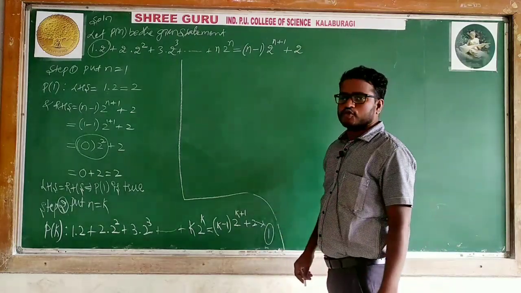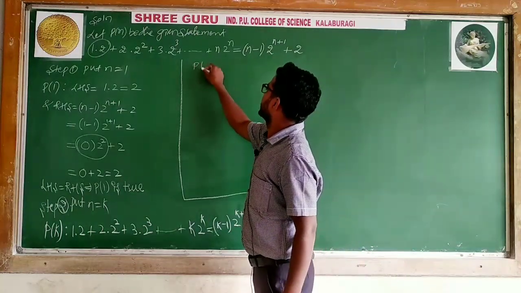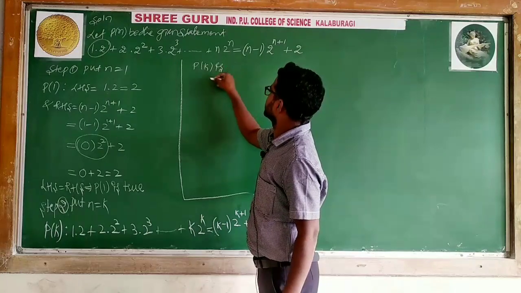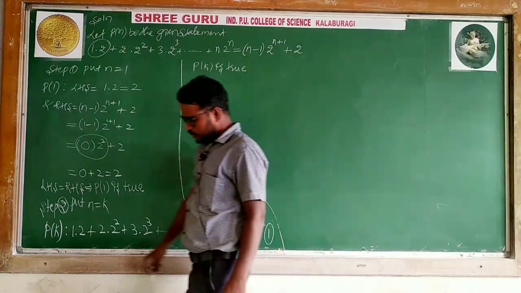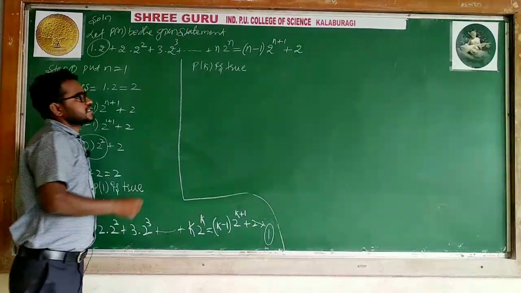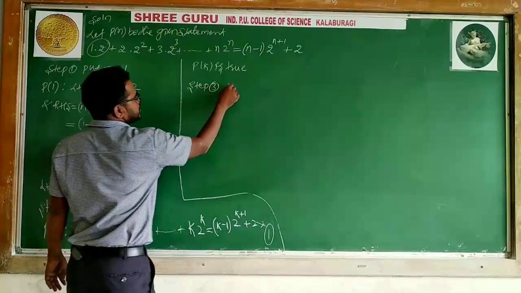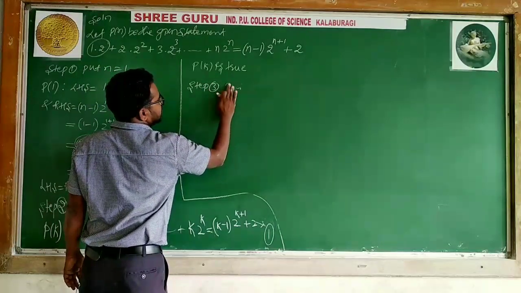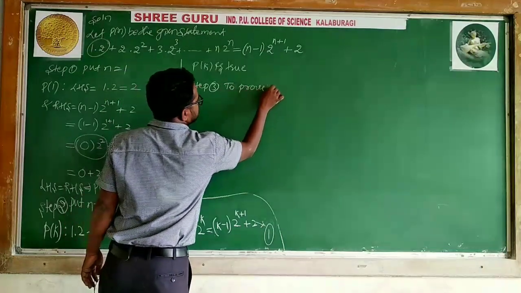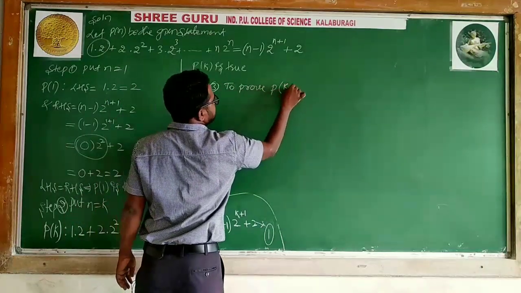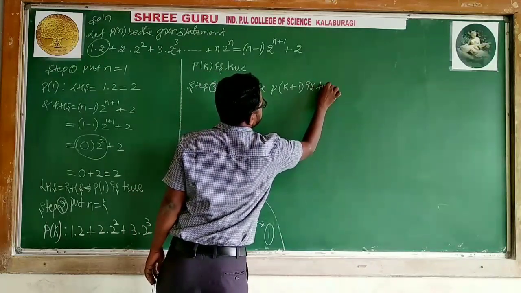Now I need to prove step 3. As usual, I can say P of k is true. P of k is true means what happened? For step 3, to prove P of k plus 1 is true, what do we need to add?